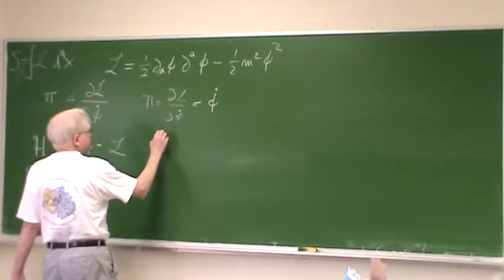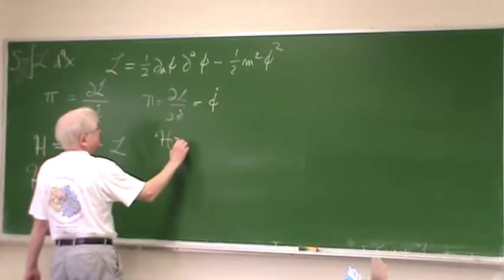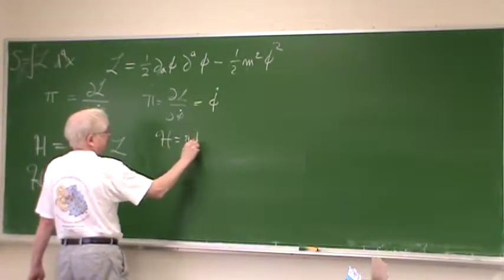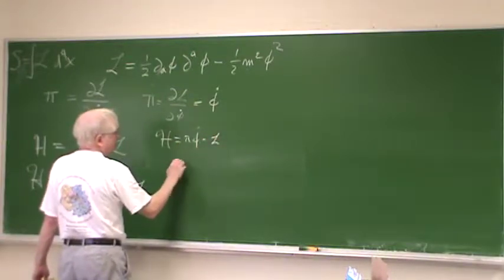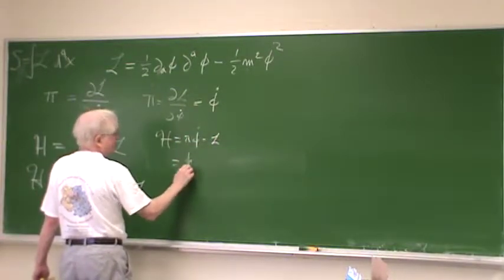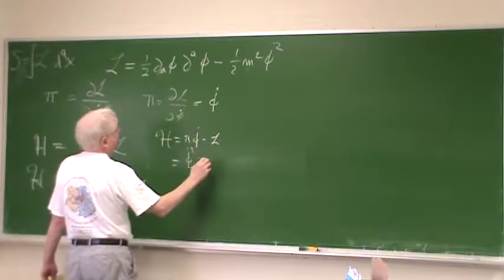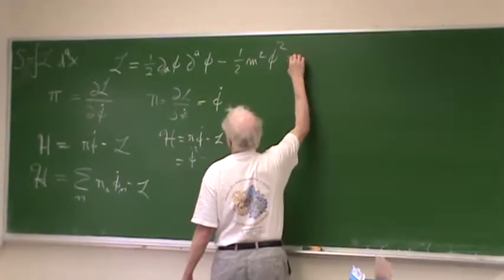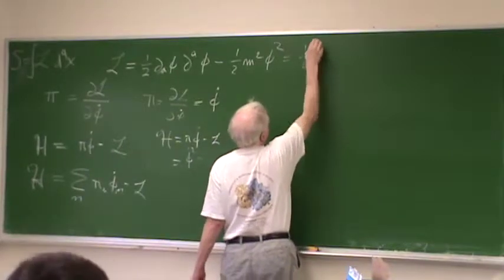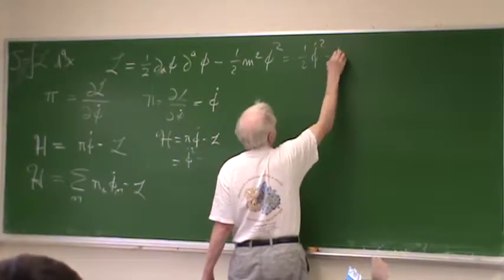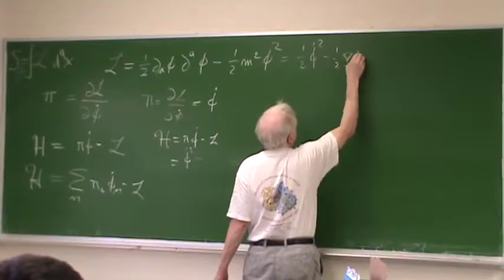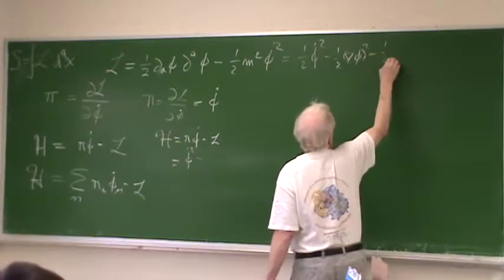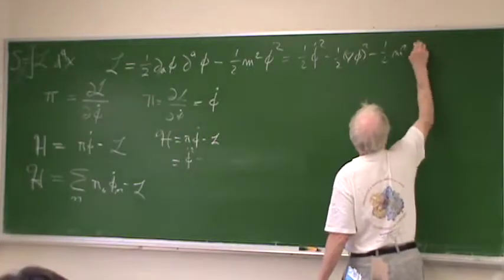And then H, the energy density, is pi phi dot minus L. Well, that's just phi dot squared minus L. But this L, by the way, let me demystify it as a half phi dot squared minus a half grad phi squared minus a half m squared phi squared.